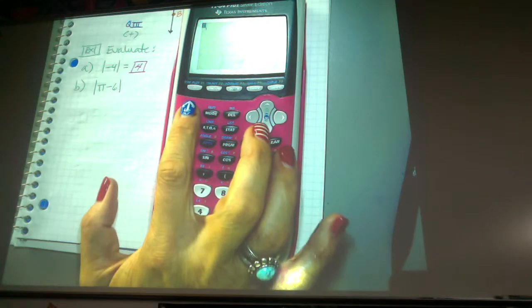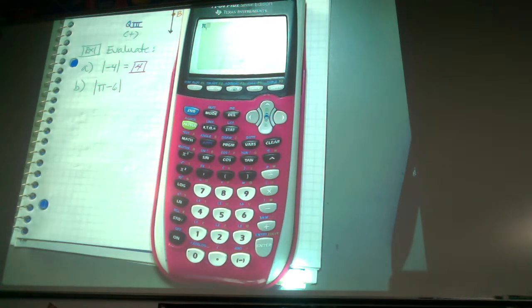So if I took second function caret, there's my pi, and I subtracted 6, I get a negative value. And let's just round to 2 decimal places. They'll tell you in Math Excel if they want you to round. And so the absolute value of that would be a positive 2.86 because it's got an 8 next door, so it rounds up.